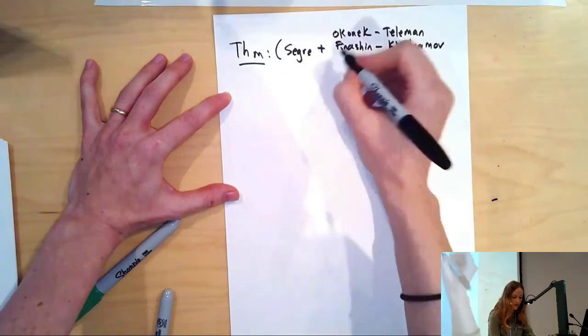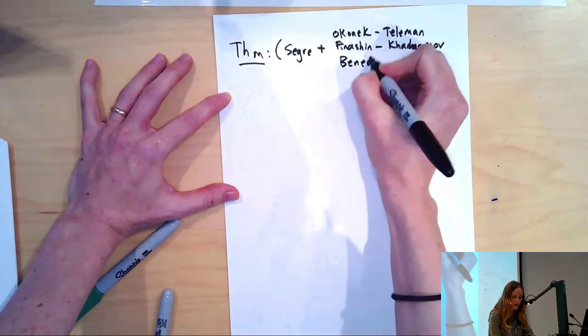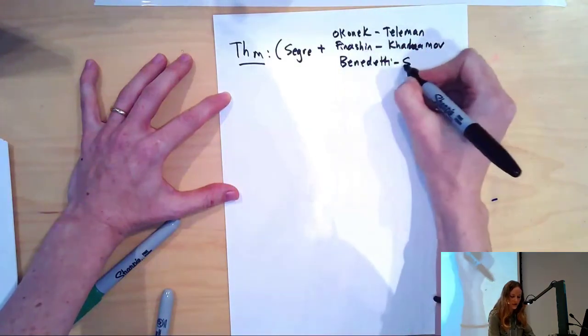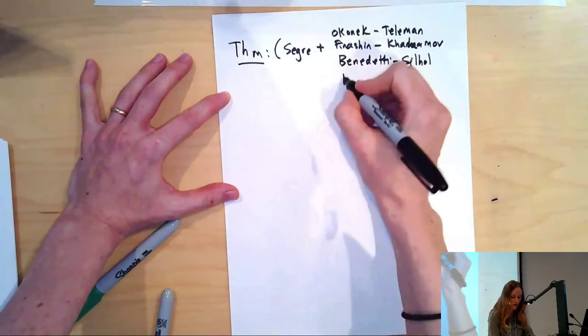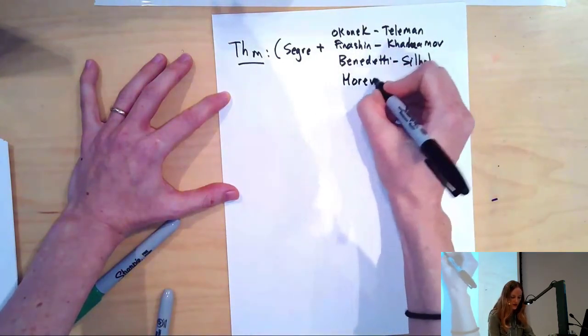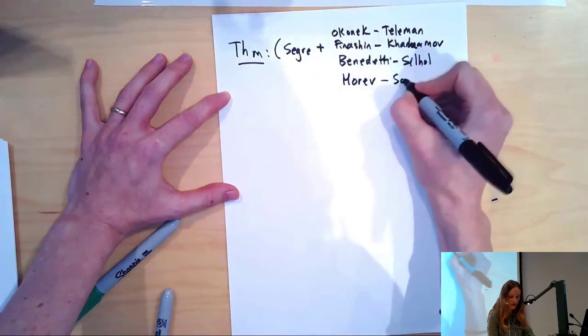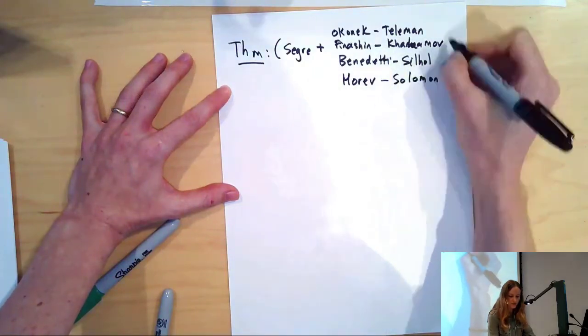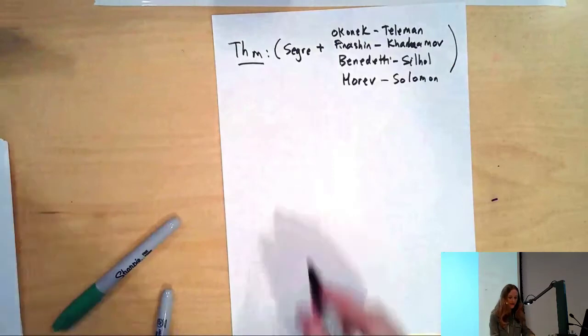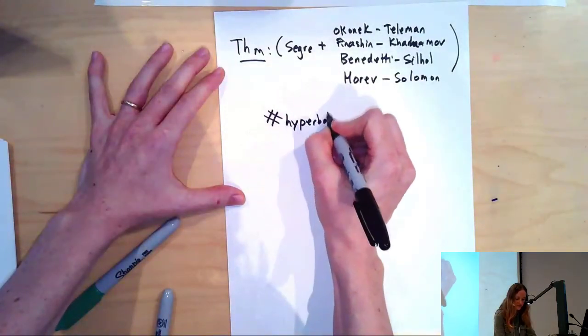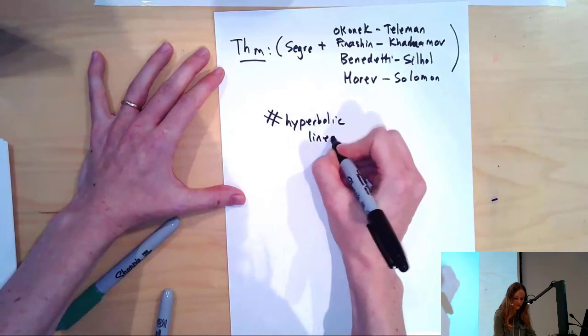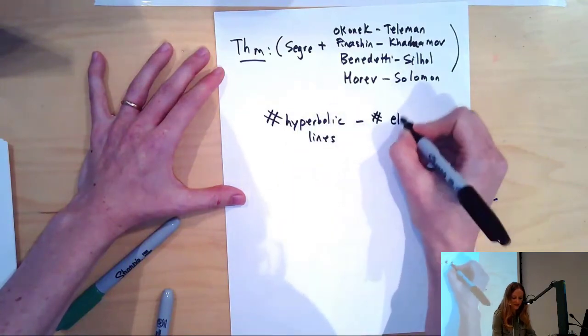And then there's a proof using spin structures of Benedetti and Silhol. And there's a proof with Gromov-Witten invariants with Jake Solomon and his student Horev. And we get this nice invariant number: the number of hyperbolic lines minus the number of elliptic lines.